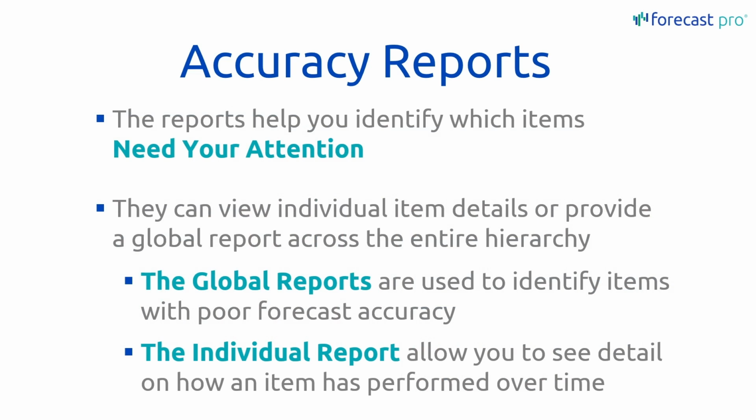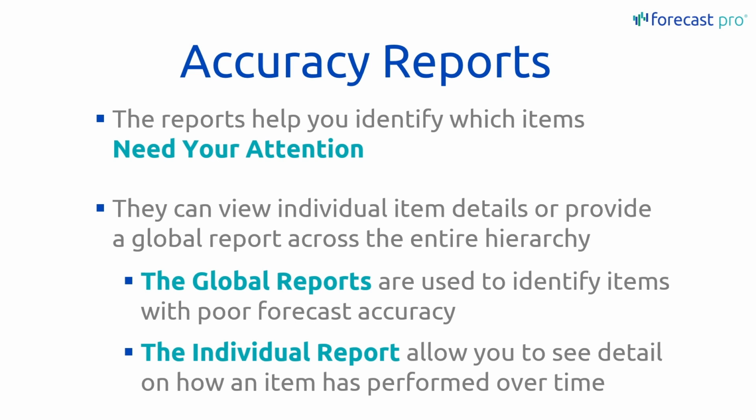And it's the purpose of these reports that basically identify items that are not performing well and need your attention. Which items do I need to actually look at? Now, the reports fall into 2 different categories. There are global reports and individual reports. A global report will show information across all items in your product hierarchy, and this is a good way to narrow in on the items that need to be viewed.